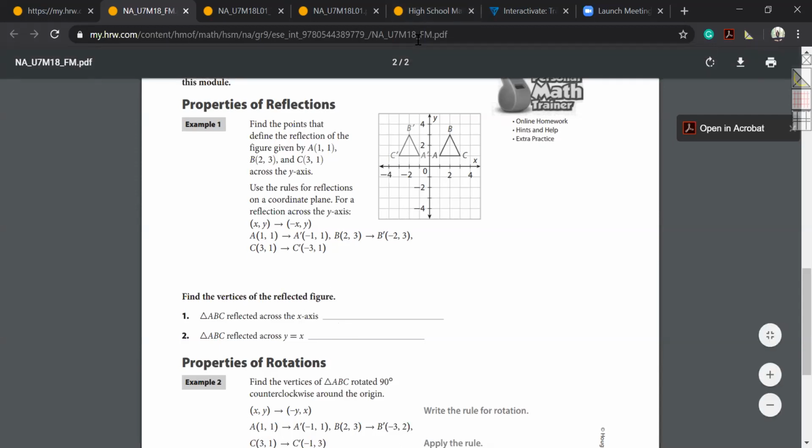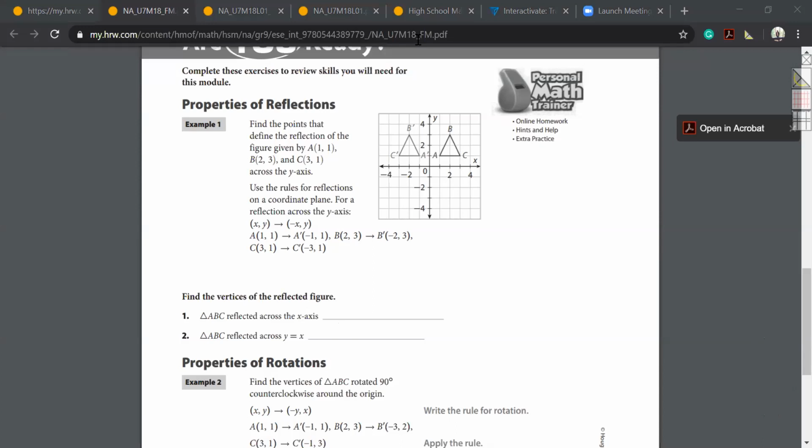For example, if we try to do it fast, this is page 884. First of all, we are going to find A. Let's write the rule here: x and y becomes x and negative y.